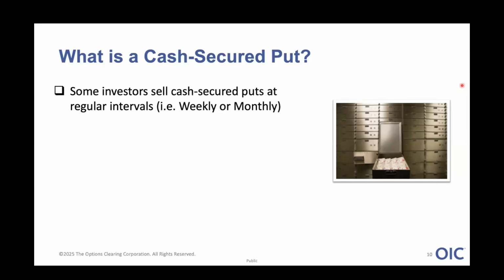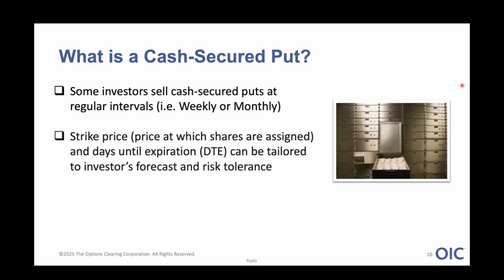You can kind of strategically build a position by picking different strikes. The strike price obviously is the price at which the shares can potentially be assigned. Okay. And once again, the days to expiration can always be tailored to your particular forecast and risk tolerance as an individual investor. There's no right or wrong answer about which strikes to target.